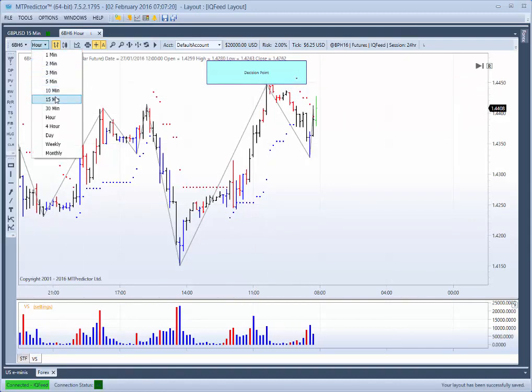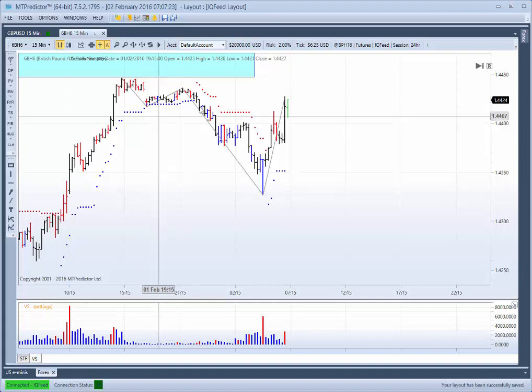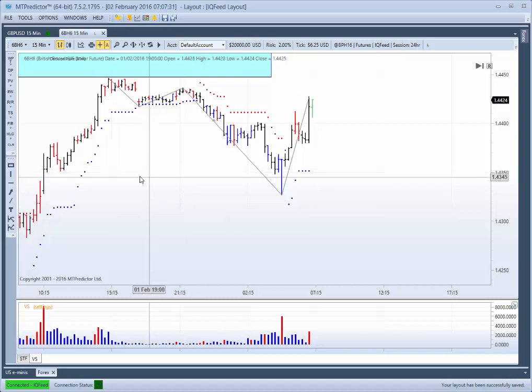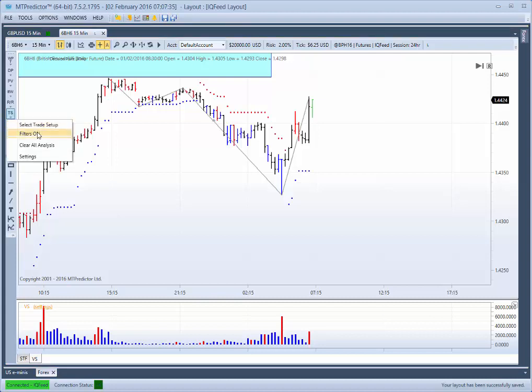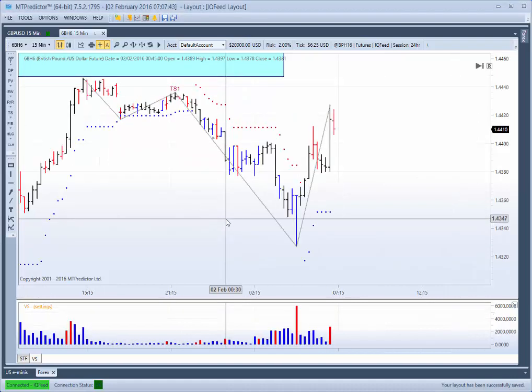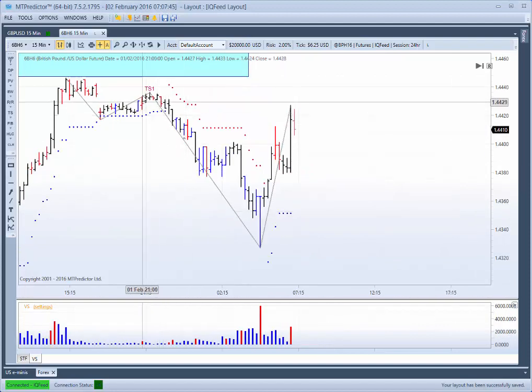Let's go down to the 15-minute chart. Now initially there's no setup up here, which is what we had on the forex chart, but of course remember we had a very low initial risk reward at our first target. So what I'm going to do here, and I don't recommend people do this unless they really know what they're doing, is change the risk reward ratio down to 1 rather than 2 for our setups, and can you see suddenly there's our TS1 setup arrive on the chart there.